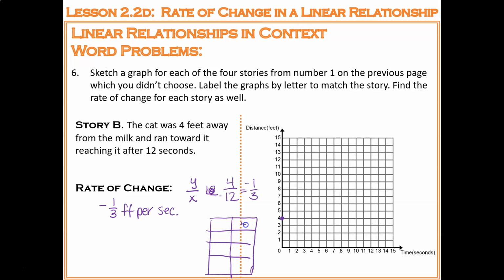So we're starting at 4, right? And it's probably going to be easier to do it by the graph. So this is rise, this is run. So after 1 second, so let's follow this first.